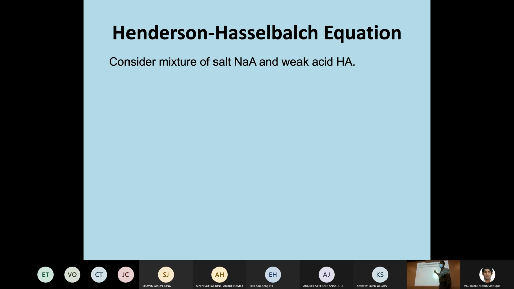the Henderson-Hasselbalch equation can be used to find out the pH of the solution very fast without going through all this ICE table and so on. We can just put the value in and find out the concentration or pH of the solution. So how does the Henderson-Hasselbalch equation come?